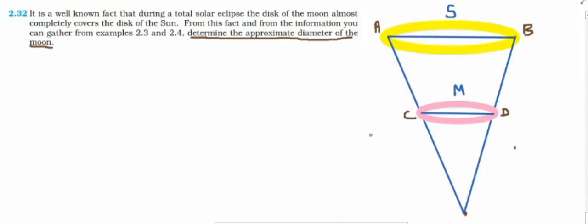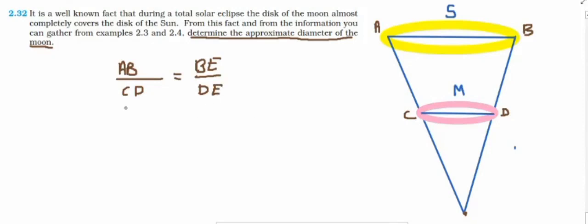Here we can use the property of similar triangles. AB and CD are similar triangles, so AB divided by CD is equal to the distance between Sun and Earth, BE, divided by D, the distance between Moon and Earth.